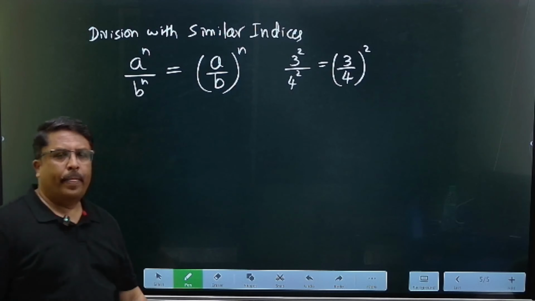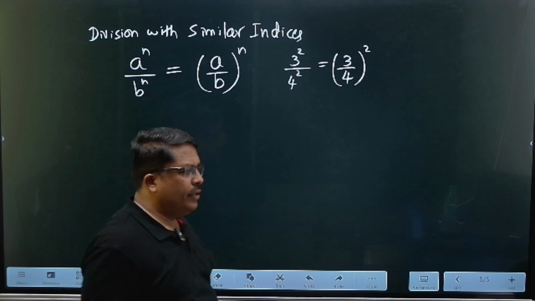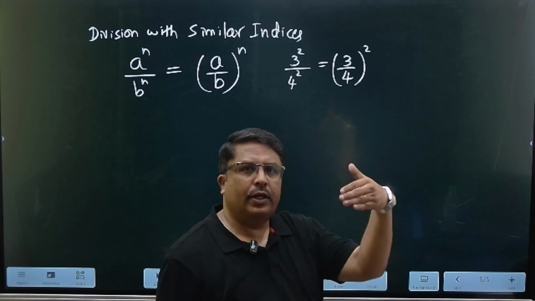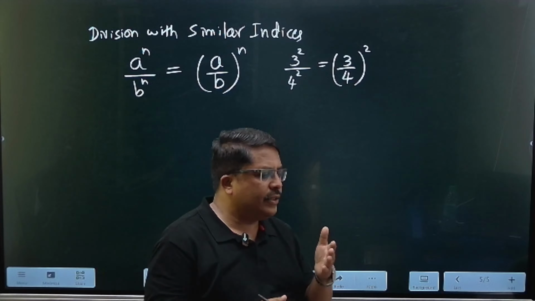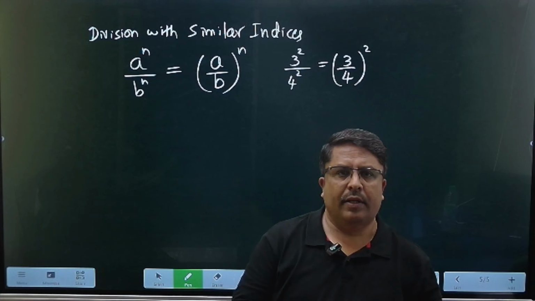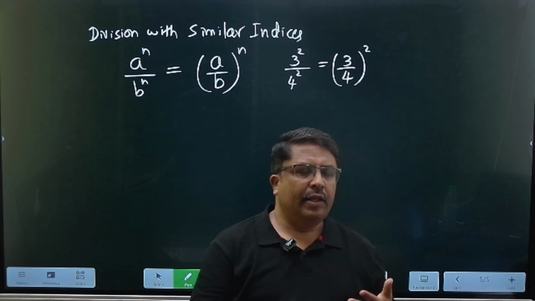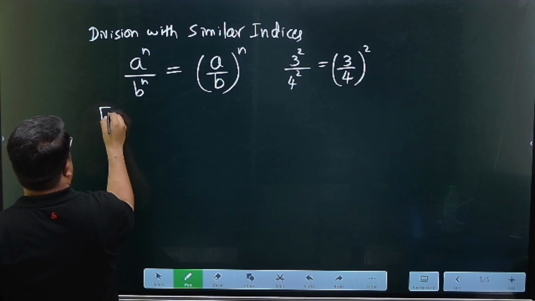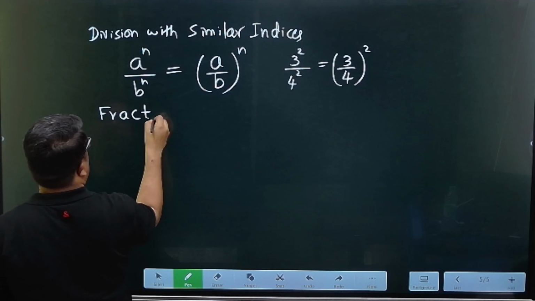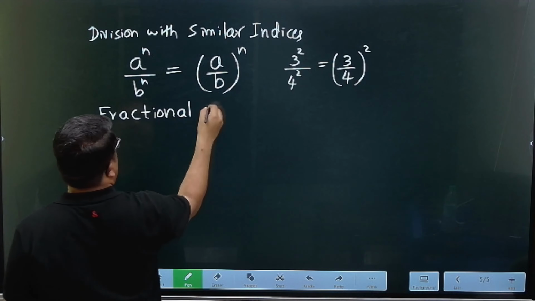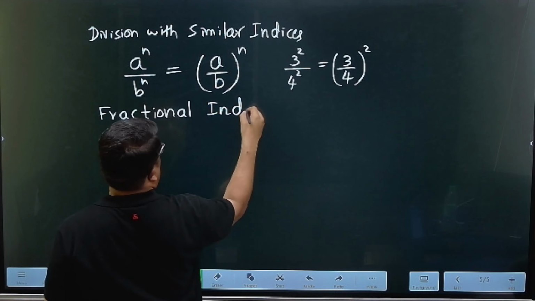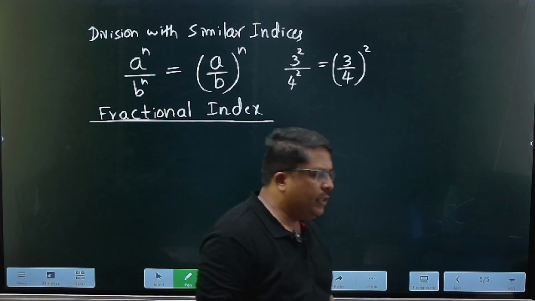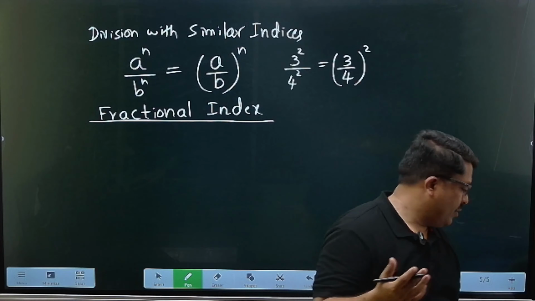Okay friends, we are discussing indices, the laws of indices. Till now whatever we have seen, n is a positive number or negative integer. If it is a fraction, so fractional index, what happens? n is a fraction. Fractional index means it is in the form of p by q, where q is not 0. That term is called a fraction.